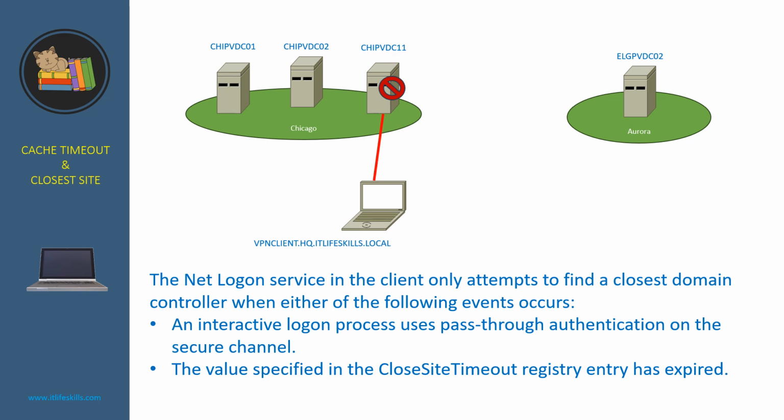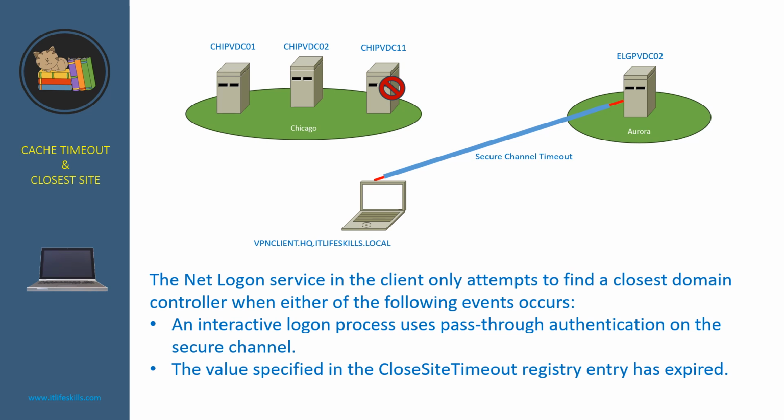Therefore, the client queries for domain controllers in the domain hq.itlifeskills.local, and it receives a list of domain controllers and tries to contact LHPVDC02. LHPVDC02 is online and it forms a secure channel to authenticate the client, and the channel has a timeout value.